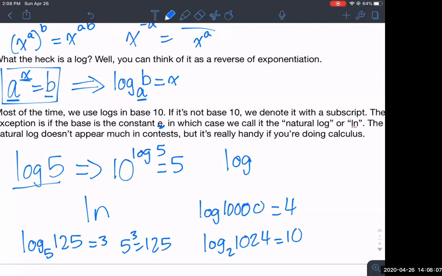Actually, I'll do a few more examples just because I realized I didn't go into some more nuanced examples. So let's do log base 4 of 1.